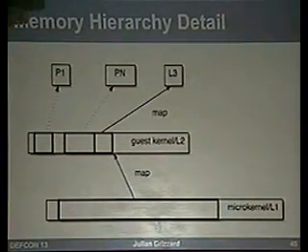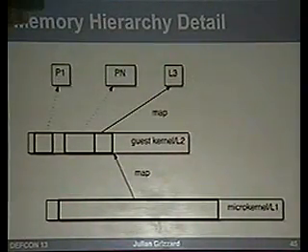There are a lot more details here, I just want to give you a few. I'll just show you the memory real quick. How does the memory work, for instance? Down here at the bottom, you have the microkernel L1, which owns all the memory. By memory I mean the RAM.